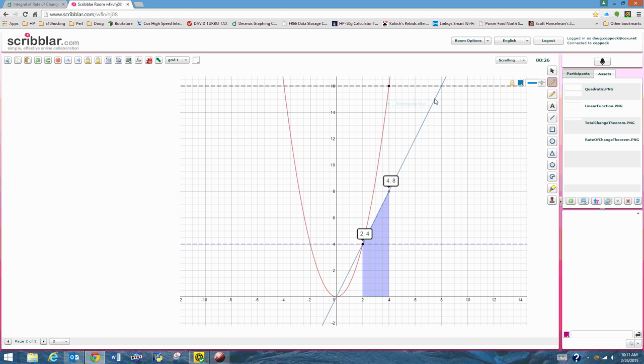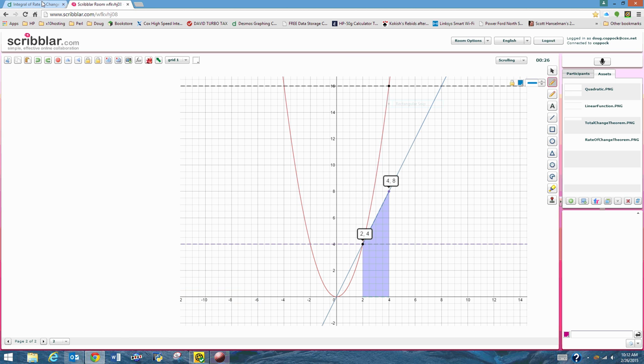And what the net change theorem says is that for the original function, a change in y can be calculated by calculating the definite integral for the rate of change function, which is the derivative, of course, of the original function. So hopefully those little pictures help give a better understanding of what that theorem is all about.